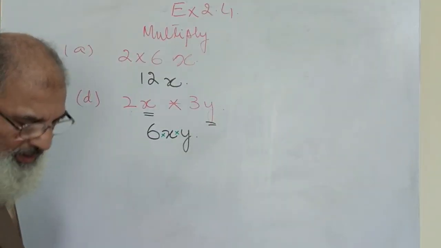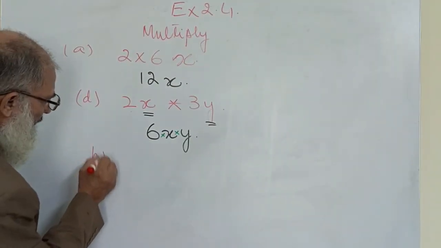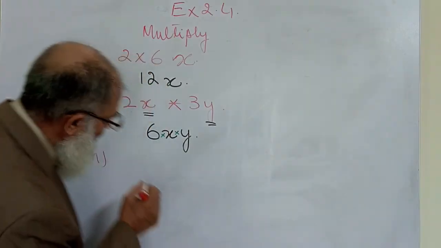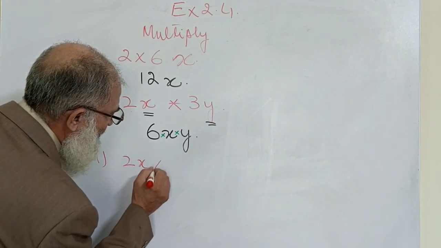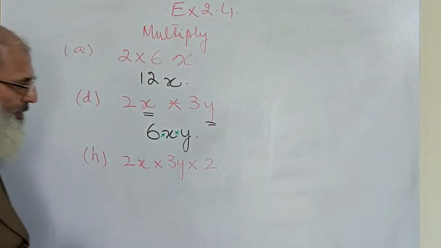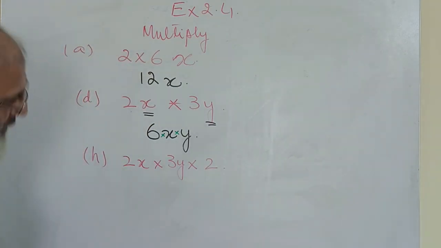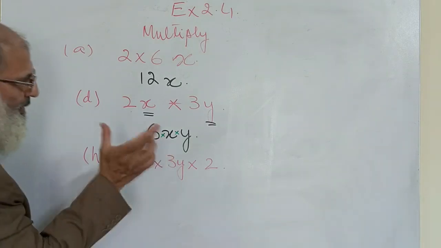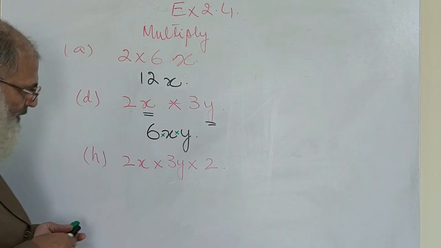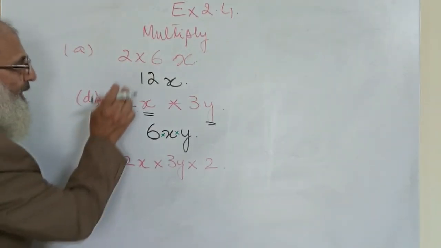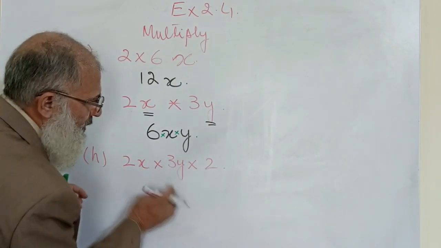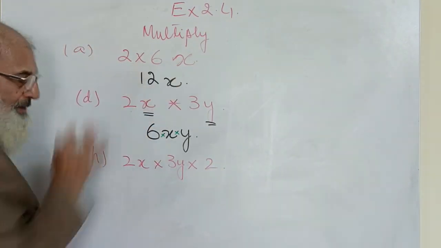Similarly, part H. Part H is 2x multiplied by 3y and multiplied by 2. Now, up till here, the question is the same. And for this part, the question is like this.